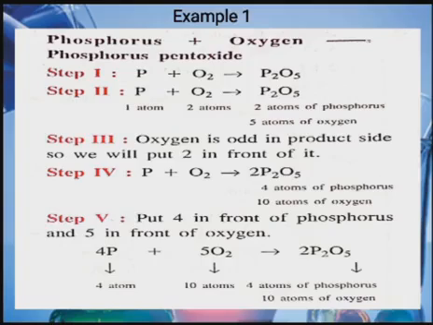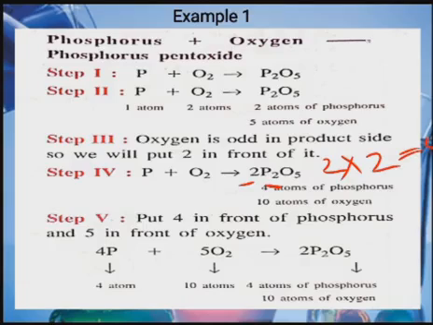Here you can see there are 2 atoms of oxygen on the left-hand side and 5 atoms on the right. So firstly we will balance the number of oxygen atoms. To balance it, we will simply write 2 in front of P2O5. You can see here, children, P2 and this 2. So 2 into 2 is equal to 4.